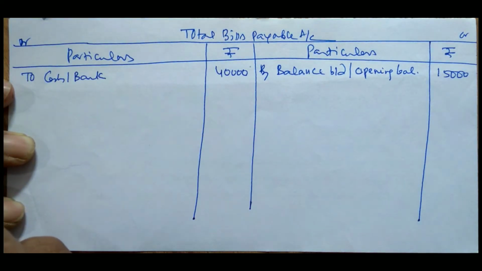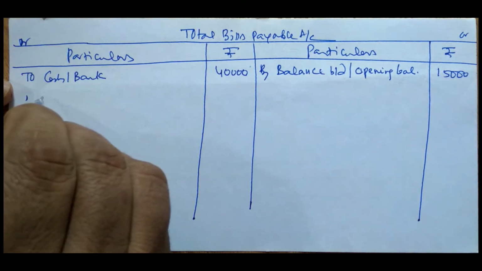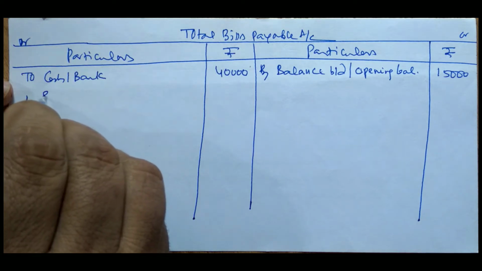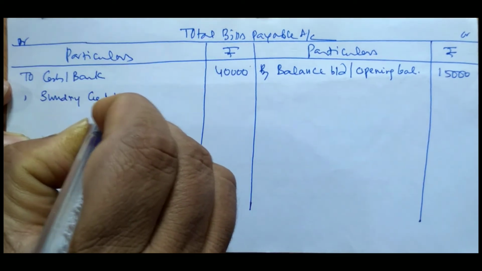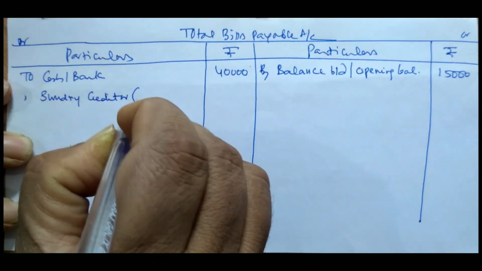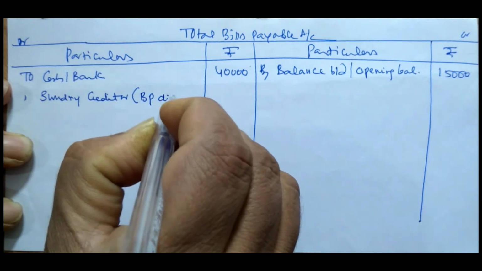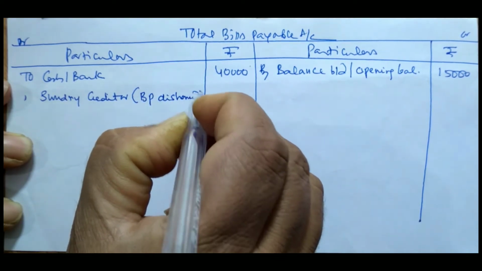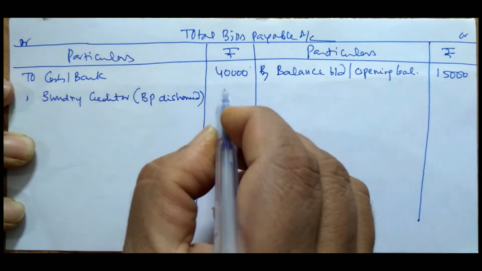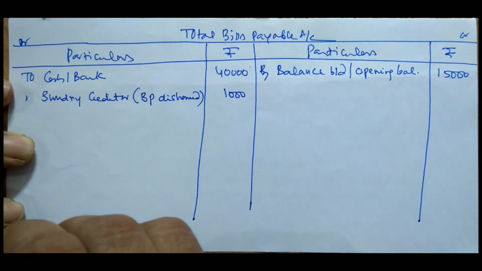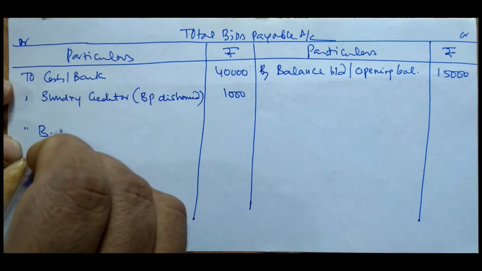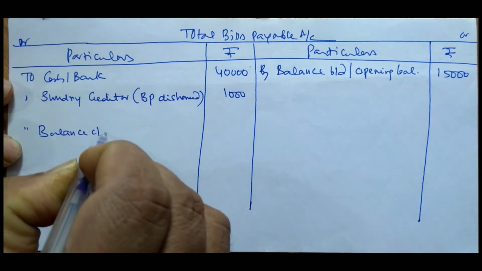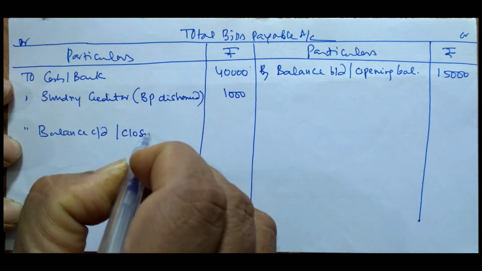And in case if there is any bills dishonored, that must be taken as sundry creditors. This is the entry for bills payable dishonored. The amount of dishonor rupees 1,000, which must be debited, and the closing balance carried down, or we can write closing balance.